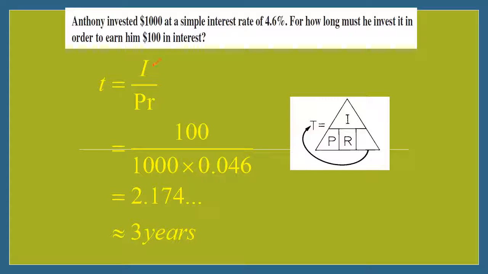I is my interest, $100, which is just there. P is my principal. Anthony invested 1,000, so we started with 1,000. And 4.6%, 4.6 divided by 100, we've got there. And you work it out to be just over 2 years. Now in this scenario, we've rounded it up because we're only getting paid annually, so you have to do it for 3 years to get at least $100.